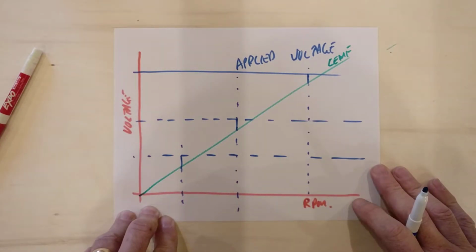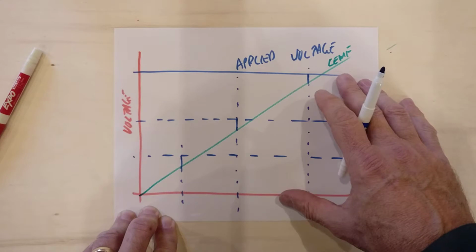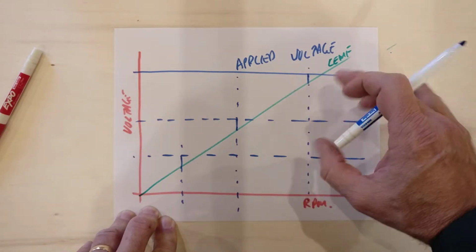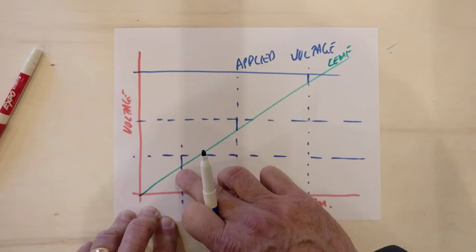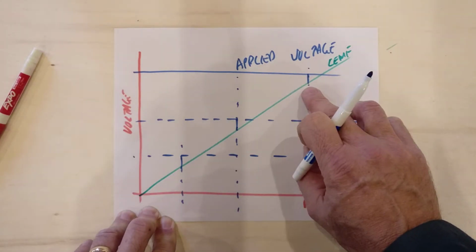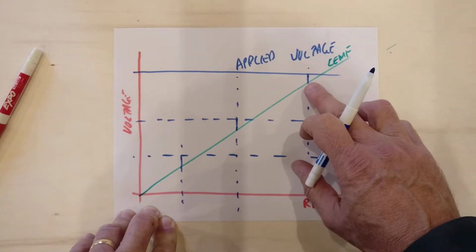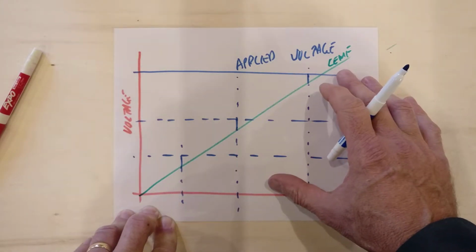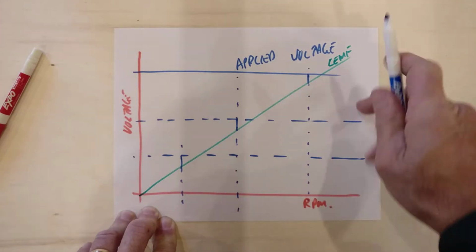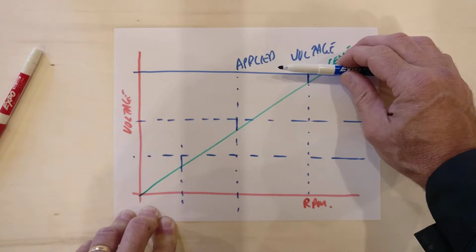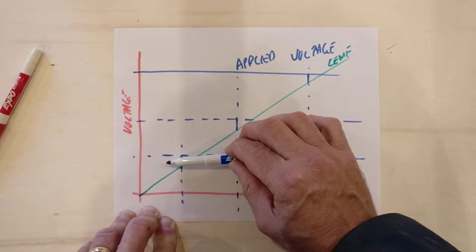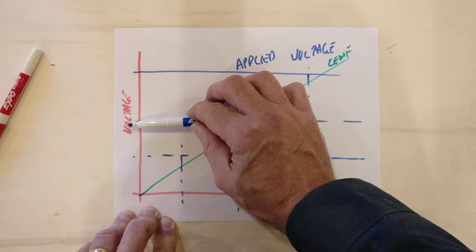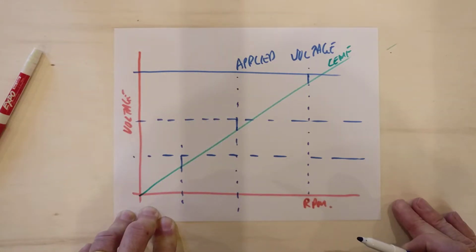So a DC motor is really a constant torque motor because in all three of these examples, the armature voltage is the same, and therefore the armature current is the same, and therefore its ability to produce torque is the same. So when we want to reduce the speed of a DC motor, all we have to do is reduce the armature voltage to do it.